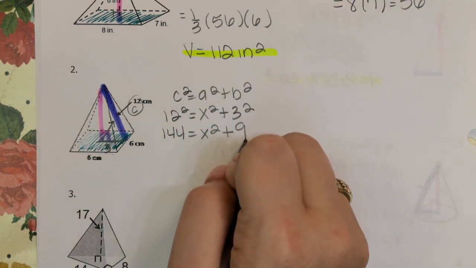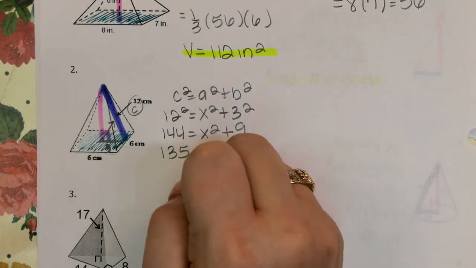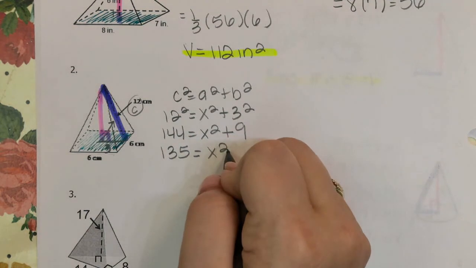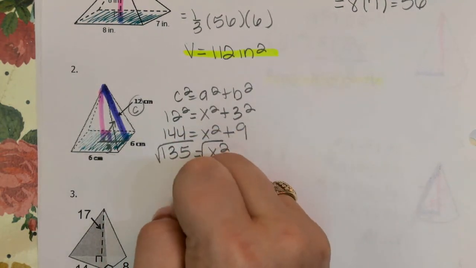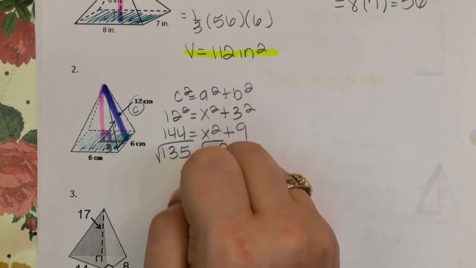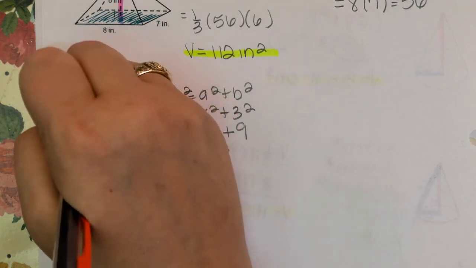We're going to subtract the 9 from the 144, which gives me 135. That equals X squared. And then lastly, we take the square root of 135. X is 11.6. So I know my height is 11.6.